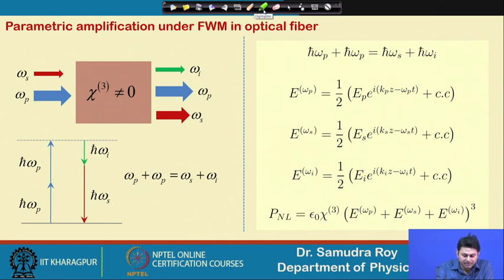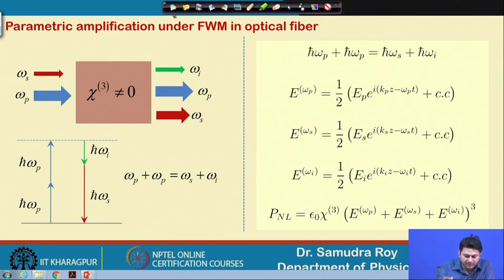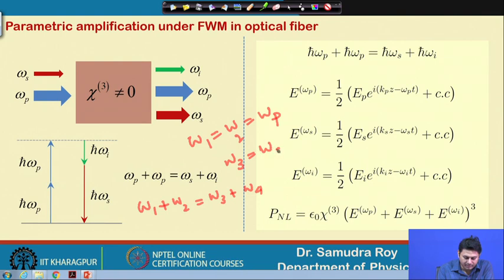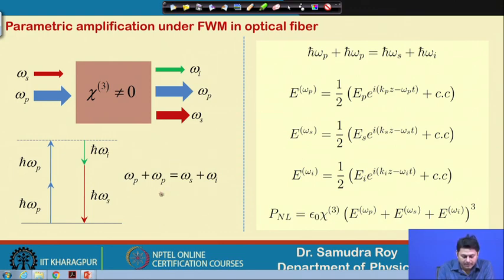In the previous notation it was omega 1 plus omega 2 is equal to omega 3 plus omega 4. Now, I just modify this and change the names: omega 1 and omega 2 are omega p, omega 3 is omega s, and omega 4 is the idler frequency omega I. If I replace these things, I will have an expression like this, this is the energy conservation expression.